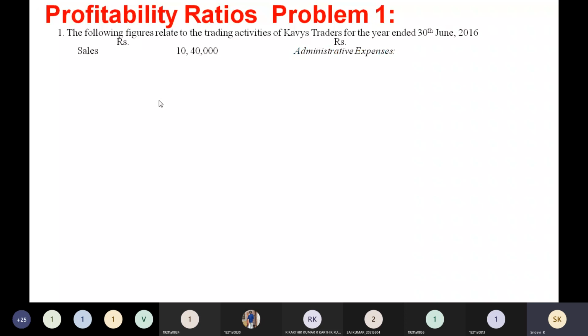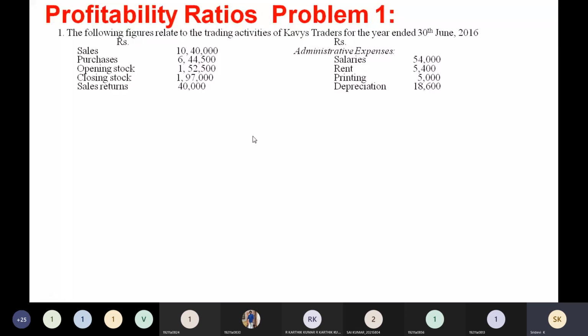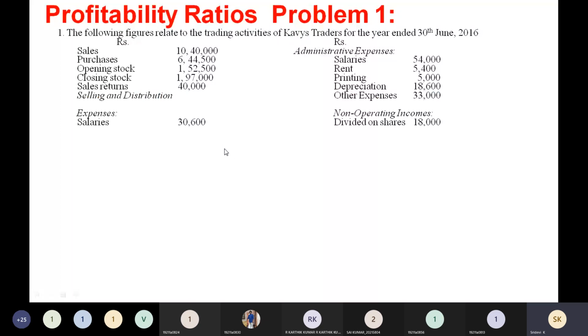Here sales are given, administrative expenses, different expenses are given, opening stock, closing stock, depreciation, selling and distribution. So all these will help you to identify the gross profit and the net profit, how to calculate the gross profit and how to calculate the net profit.